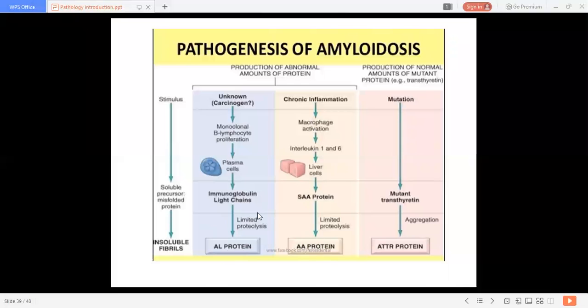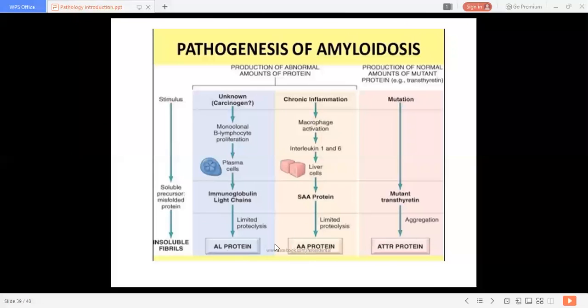Now, please look at this particular chart. Here I am going to explain the pathogenesis with the help of steps according to AL amyloid and according to AA amyloid.